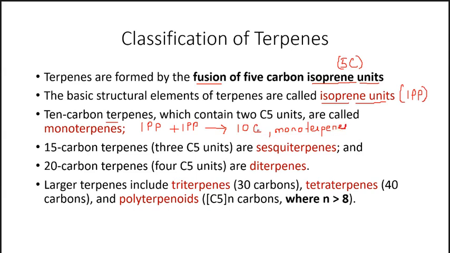Okay, this 10 carbon will combine with another 5 carbon. So I'll say that 10 carbon plus another 5 carbon will form what? 15 carbon. Now these 15 carbon are known as sesquiterpenes.